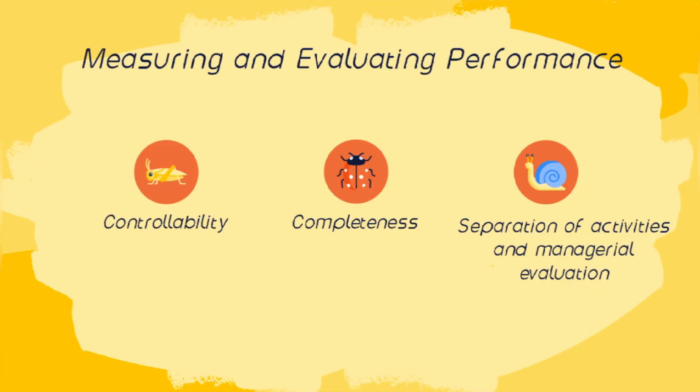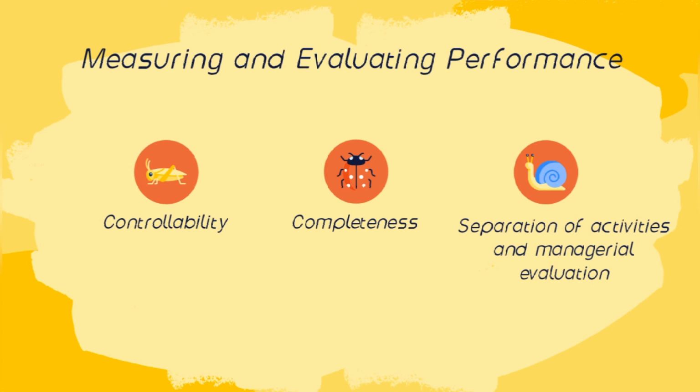And the last topic we will discuss for today is measuring and evaluating performance. The attributes of performance measures that are likely to lead to goal alignment are controllability, completeness, and separation of activities and managerial evaluation. Controllability is considered desirable because it removes aspects of performance that a manager cannot control from measurement.